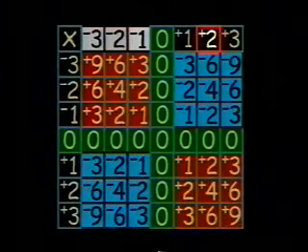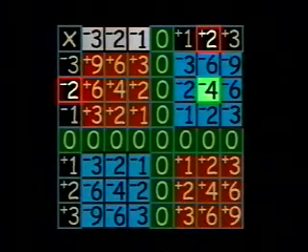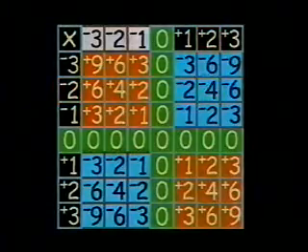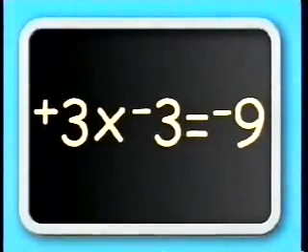Last one. Positive 2 times negative 2 is negative 4. A positive integer multiplied by a negative integer is a negative result. So positive 3 times negative 3 is negative 9.